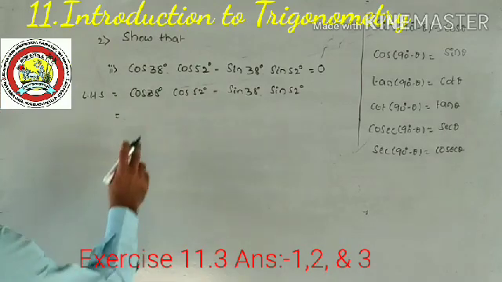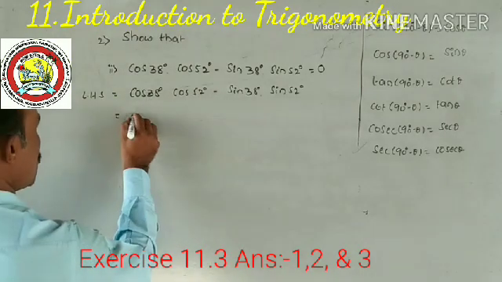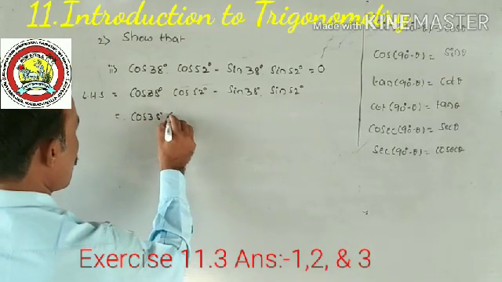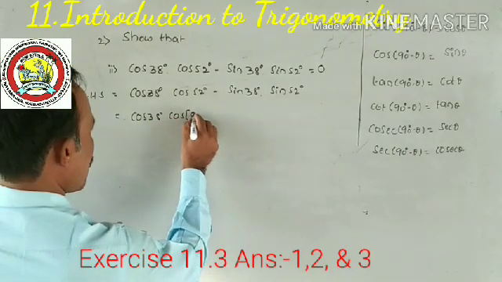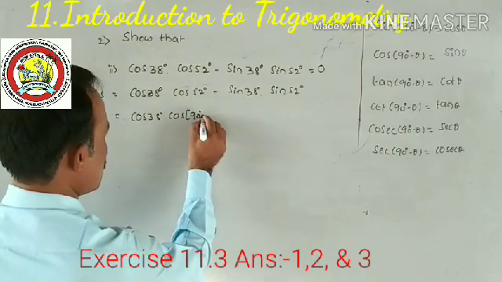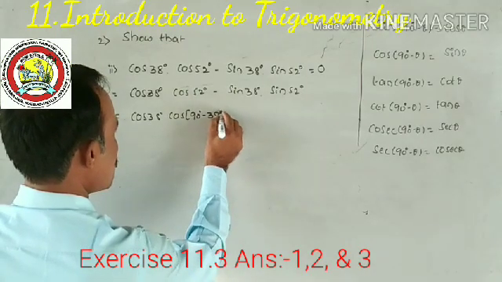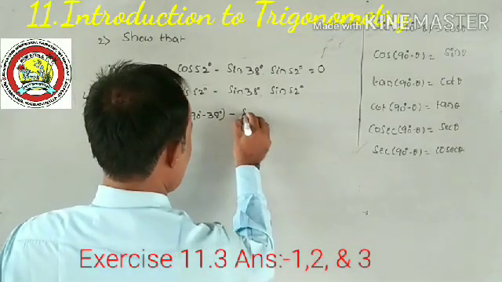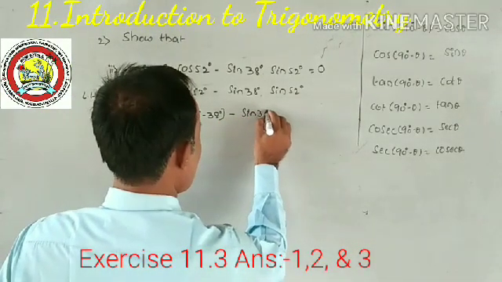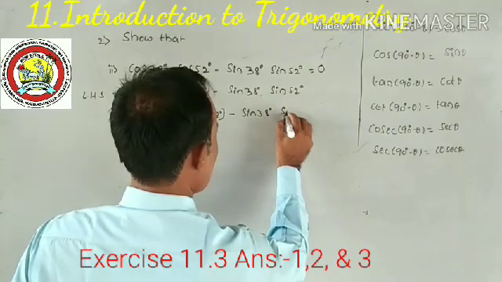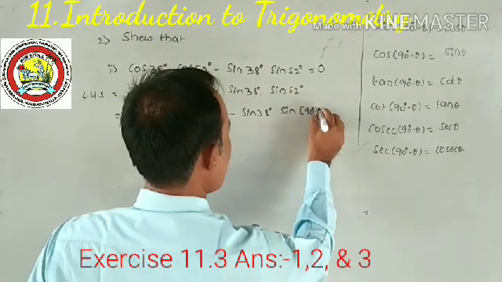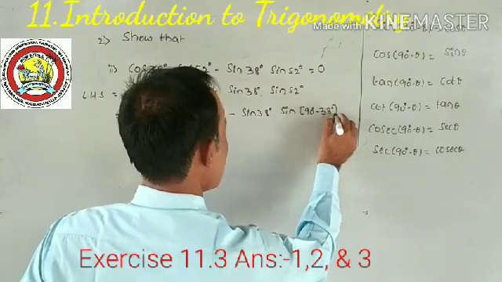Yes, I told you, the sum of these two angles is 90 degrees. So cos 38 as it is, and cos 52 can be written as cos of 90 minus 38. Minus sin 38 as it is, and sin 52 can be written as sin of 90 minus 38.